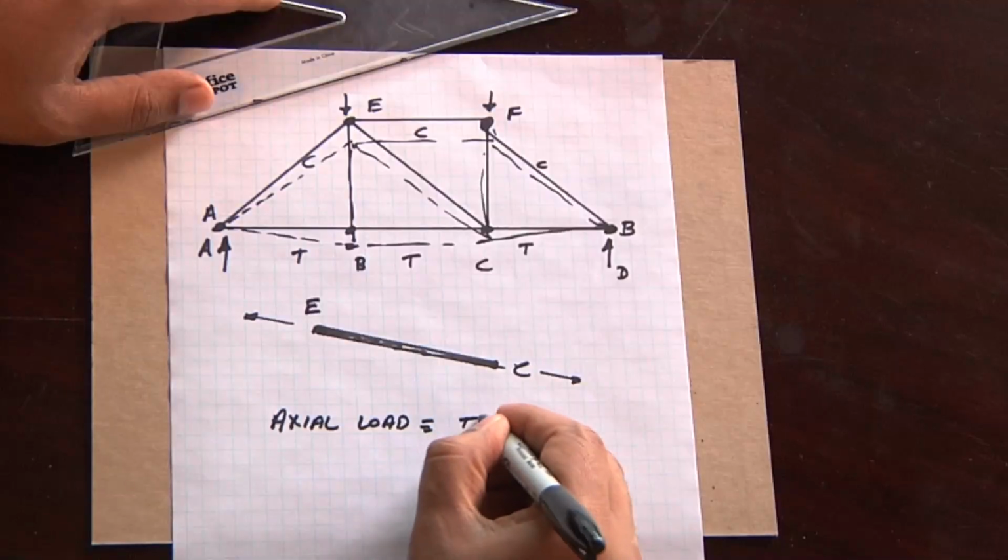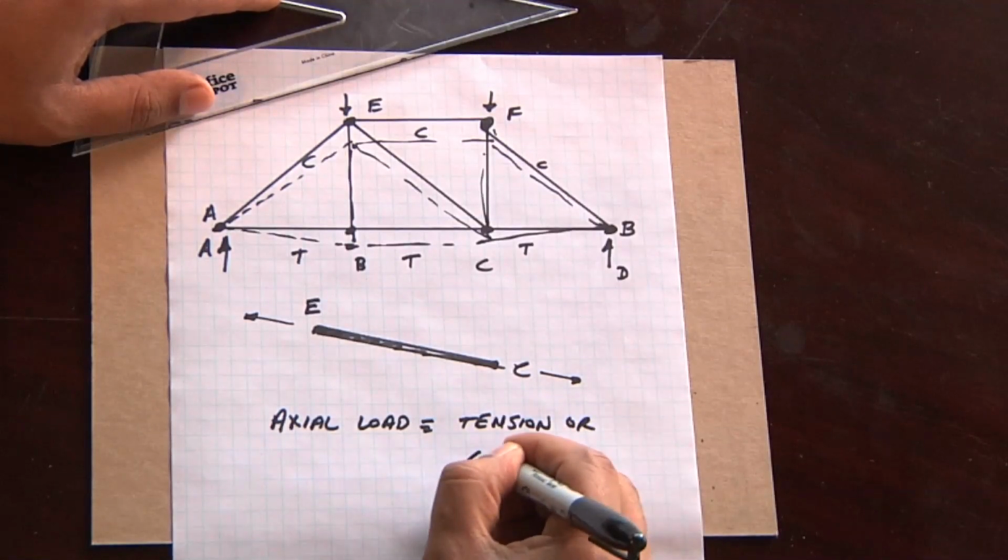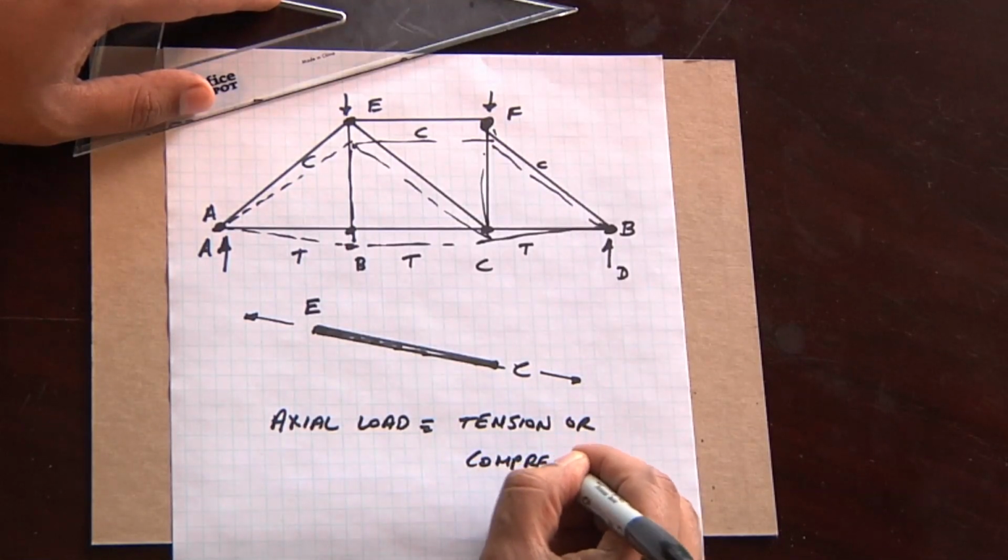Every truss member has only axial load, which means it's either tension or compression. Tension meaning that it extends, compression meaning that it compresses.